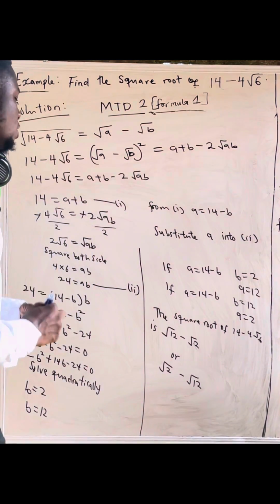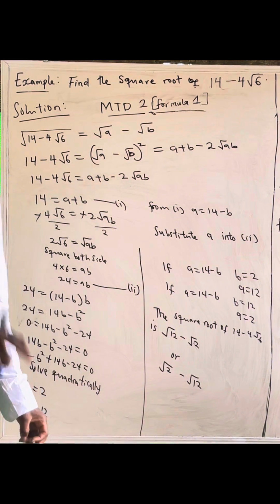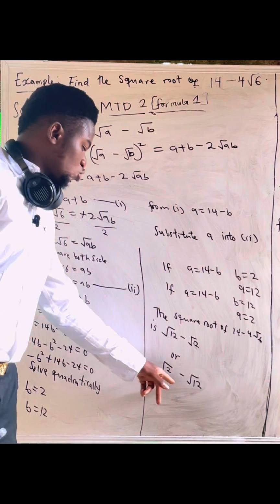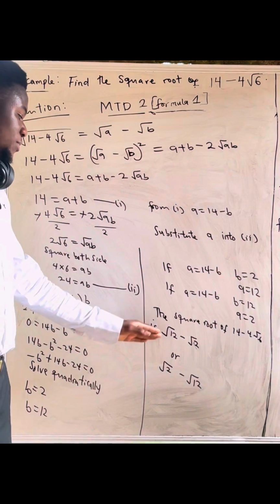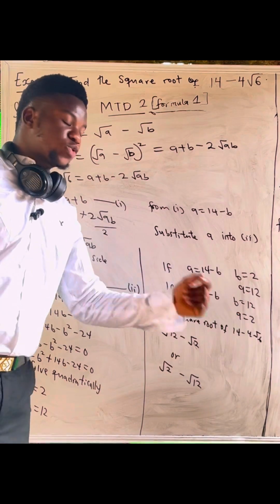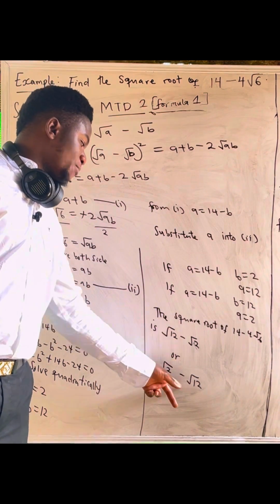You see that the reason why we are having two values here is because, unlike addition, the value for root 12 minus root 2 is different from the value for root 2 minus root 12. So since what is there is minus, this simply means that we are going to get two values for this, root 12 minus root 2 or root 2 minus root 12.